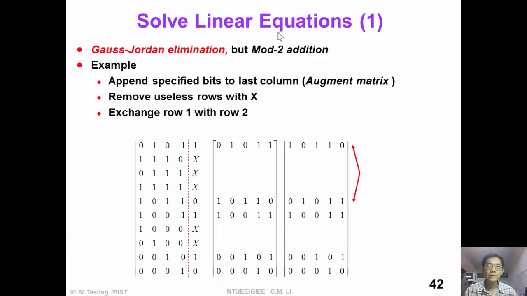So, how can we solve this system of linear equations? We can actually use the Gauss-Jordan elimination method. But this time, we will use mod 2 addition. Continuing from the same example, we will append the specified bit to the last column.